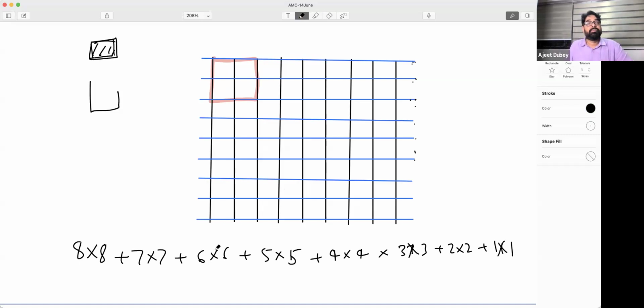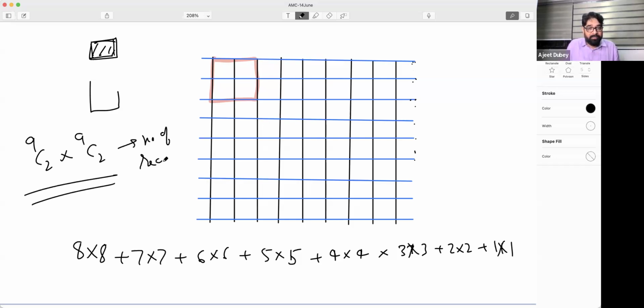So we can calculate 1 square plus 2 square plus 3 square up to 8 square as the number of squares. The number of rectangles is the easiest thing. Take any 2 lines, take any 2 lines. So 9C2 into 9C2 is the number of rectangles.